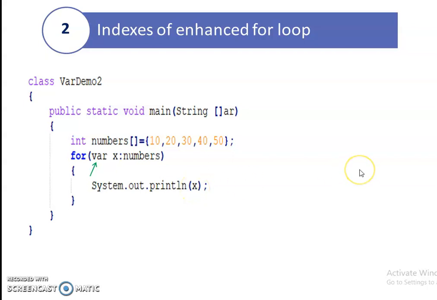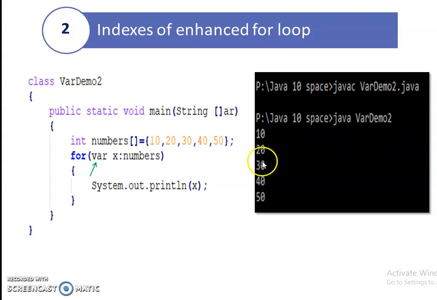So it will print all the elements of this integer array. When we run this code, the output will print all the elements 10, 20, 30, 40, 50, right? So hope this particular output is clear. So this is simple. We have used the var keyword with enhanced for loop, right?